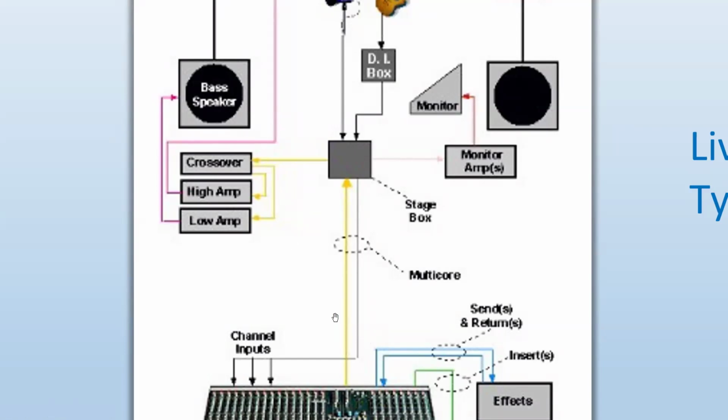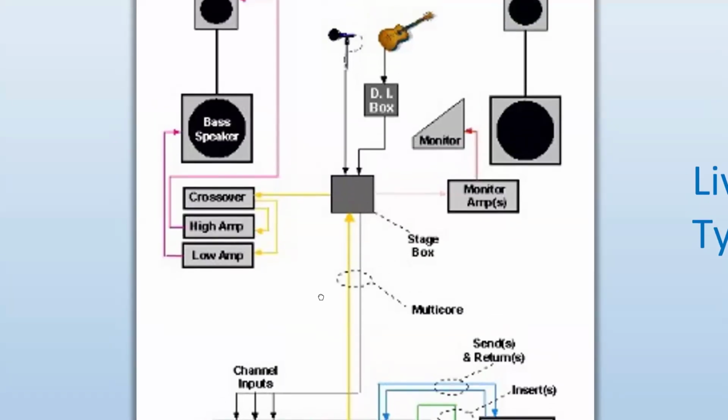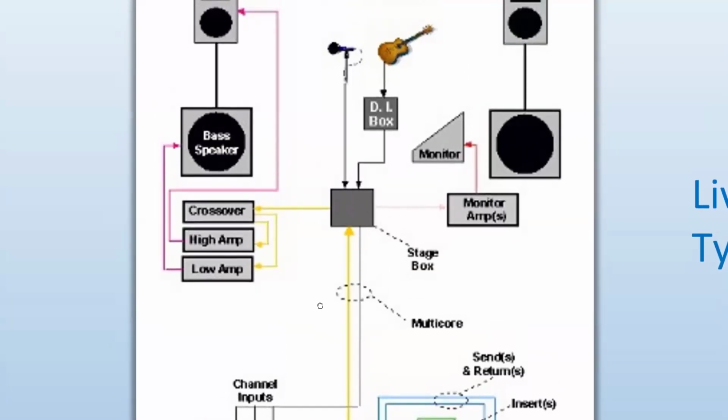So, as I said to you before in the previous class, it is crucial that the speakers are at the closest possible distance from the amplifier, so the resistance of the speaker cable coming out of the amplifier is not that much.